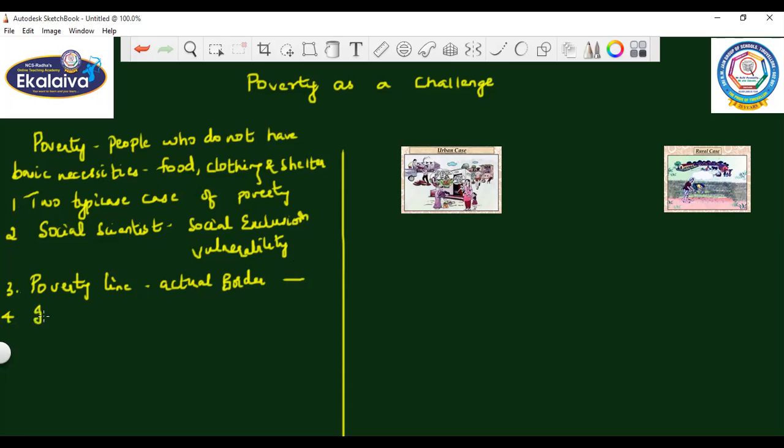Then, interstate disparities. What do you mean by this, children? By the topic itself, you can come to a conclusion that certain states are said to be very rich and other states are said to be poor.